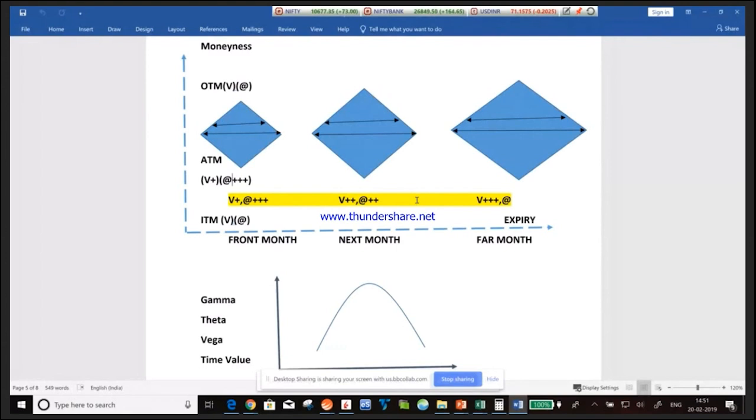Why does at the money have higher value of theta compared to in the money and out of the money? Can anybody explain? Tell it to me.